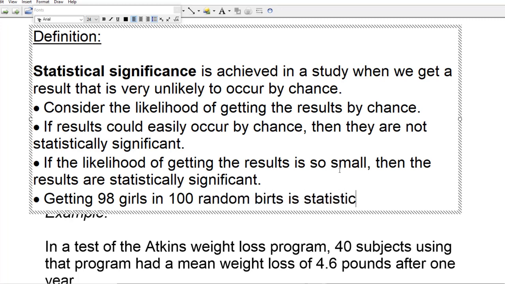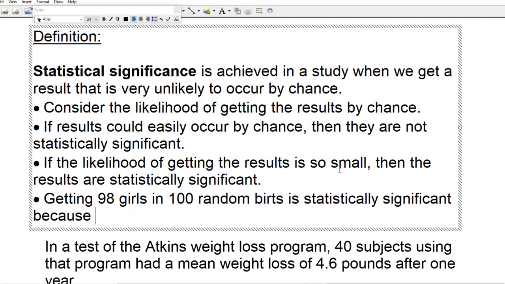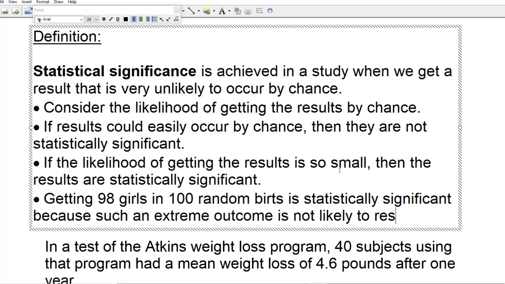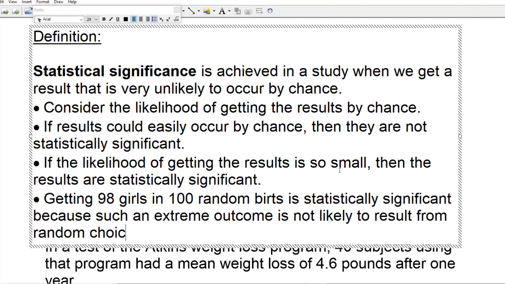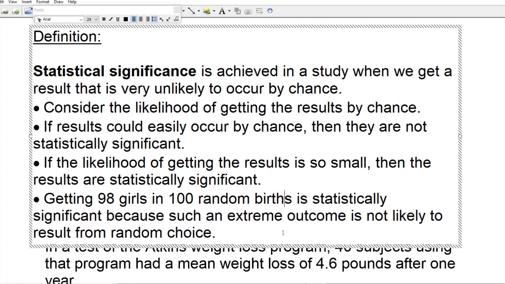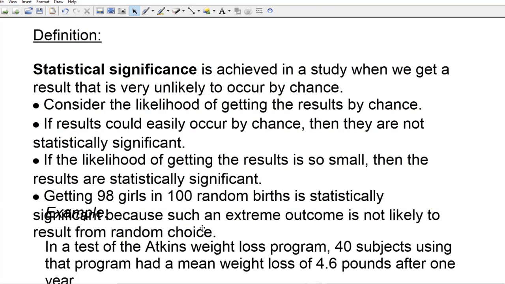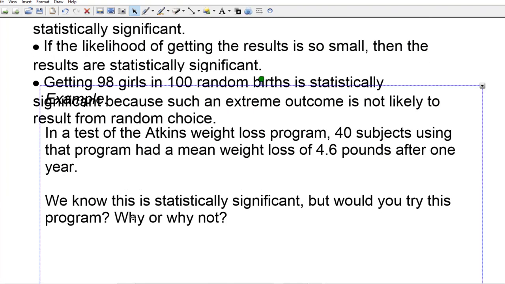That's going to be statistically significant. So getting 98 girls in 100 random births is statistically significant because such an extreme outcome is not likely to result from random choice. So what does that mean?